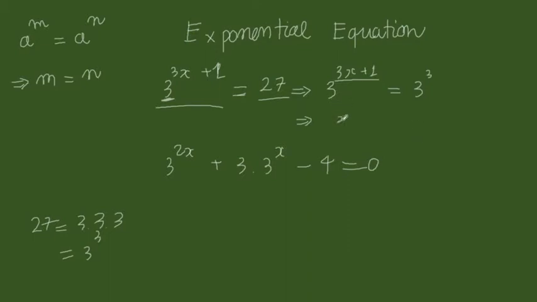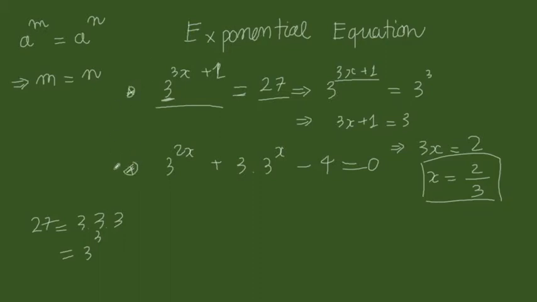So in this case we have 3x plus 1 equal to 3, and you can solve this equation by basic algebra, and you get x equal to 2 divided by 3. Okay, so for the first one you change both sides of the exponential to the same base number. So how about the second one?